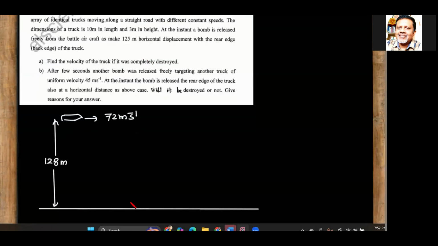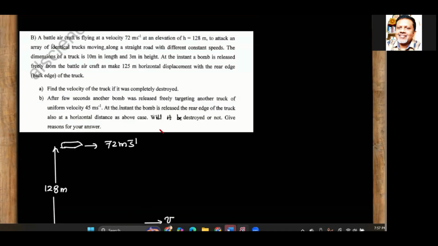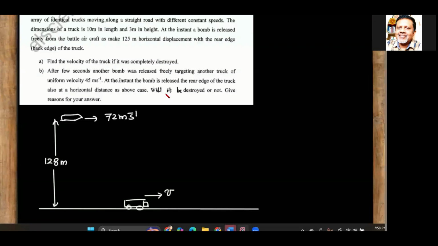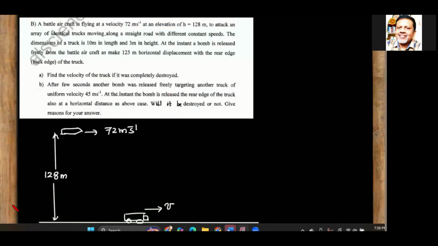So if you just consider a truck like this, right, moving in a straight road with a particular velocity, we don't know because it says with different velocities, but moving in the forward direction, we assume that. Then the dimensions are given like 10 meters in length and 3 meters in height.